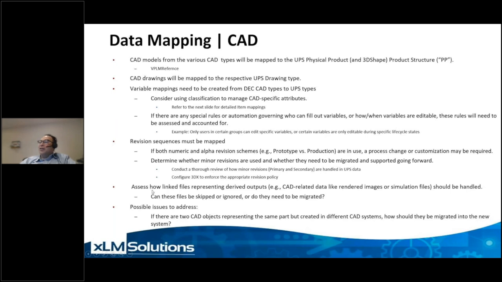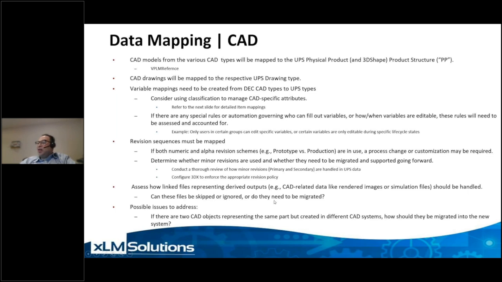You want to understand how your derived outputs or your viewable files are being managed in your current Designer Central today. Are they managed as what we call derived outputs, which are associated to the CAD data? Or are they managed as separate objects that you link to the CAD object? That would impact how that data gets loaded into the system, and based on that, do you need to load them?